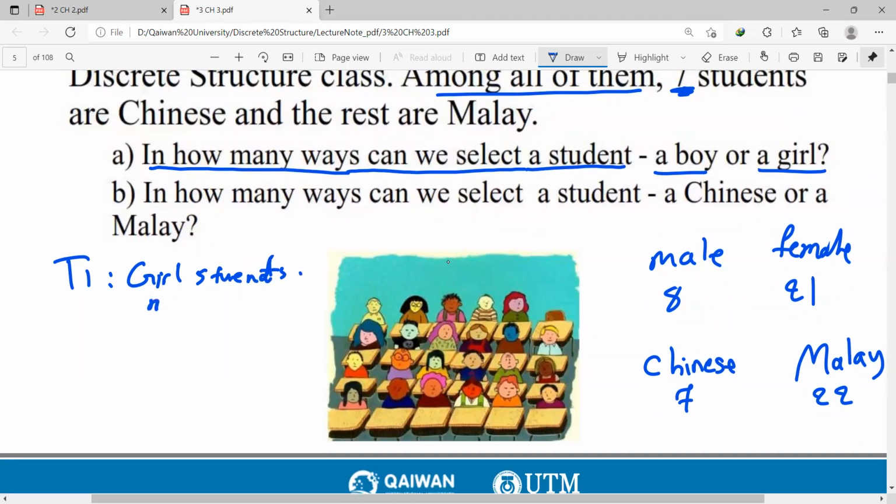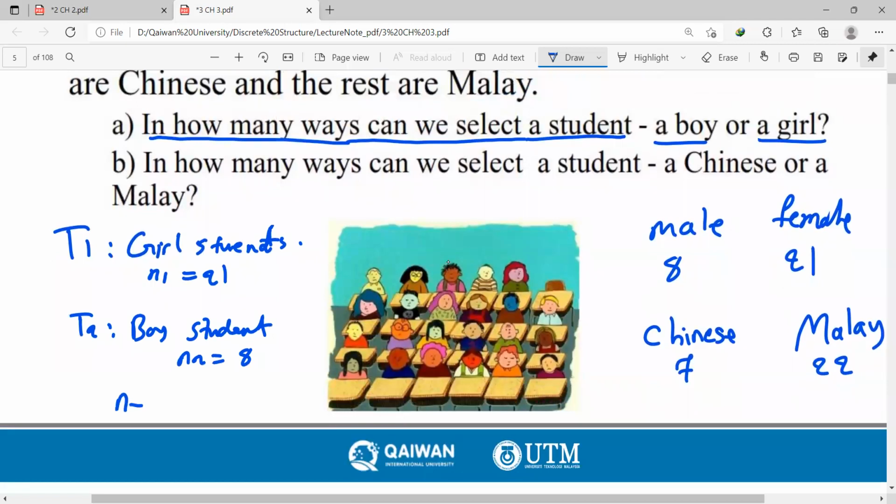That means here N1 equals 21. T2, boy students. N2 is 8. So here we say N1 plus N2 is 29 ways. So in 29 ways, we can select a student from the class.